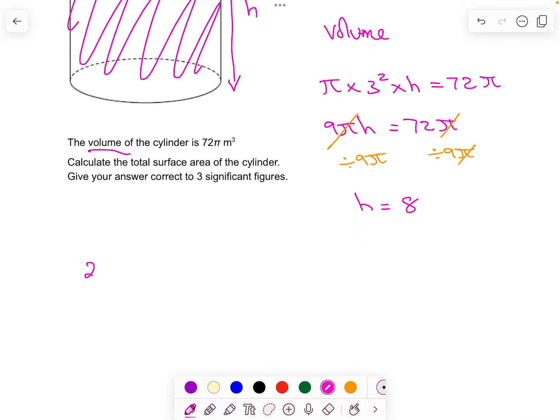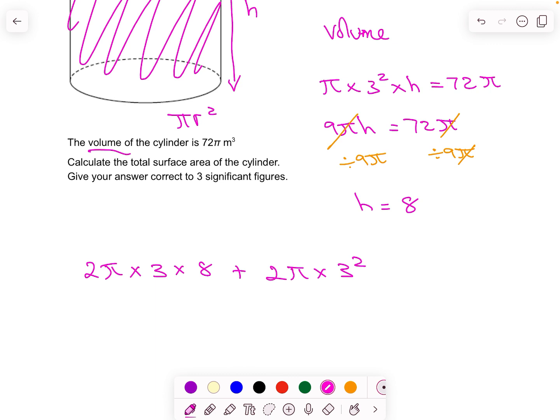So 2 pi times r times h, which is 8 in this case, plus you've got 2 circles. So the area of a circle, remember, is pi r squared. So 2 pi times 3 squared, okay?